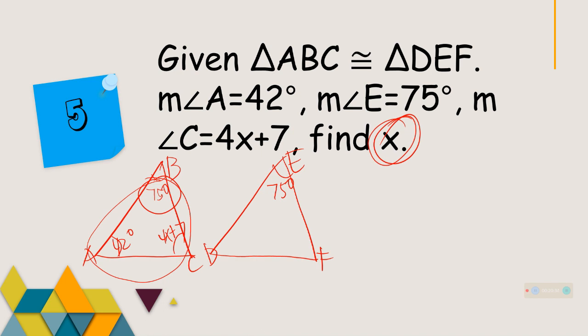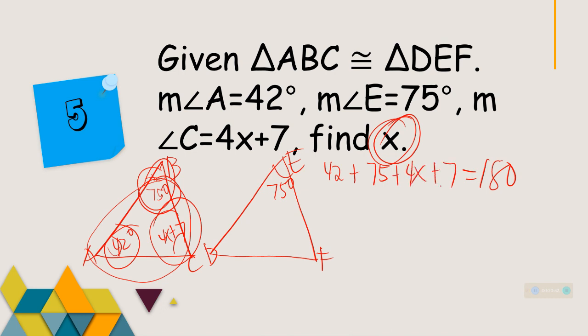So we are going to have 42 plus 75 plus 4x plus 7. Angle A plus angle B plus angle C is equal to 180 degrees by applying the property of triangle.